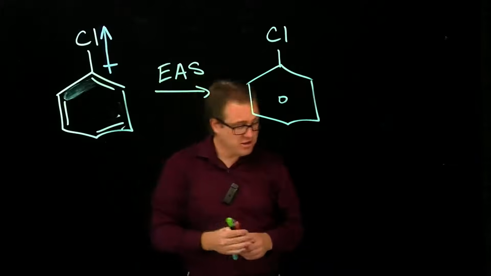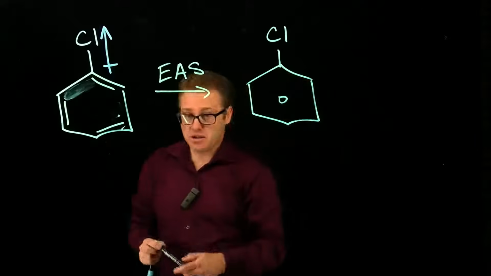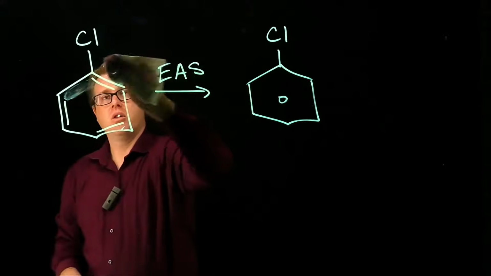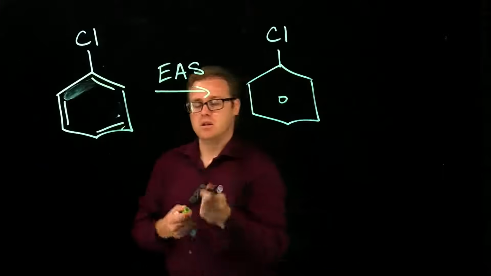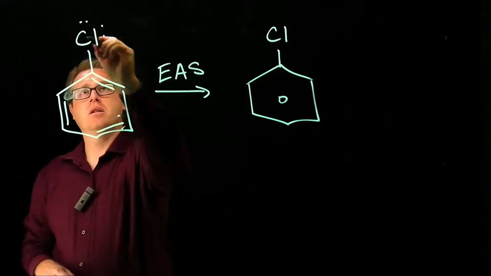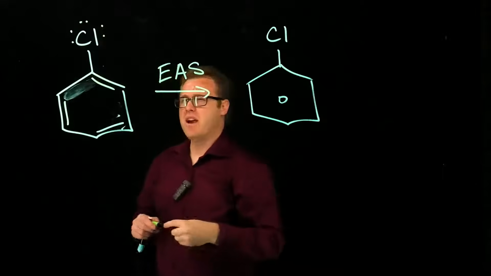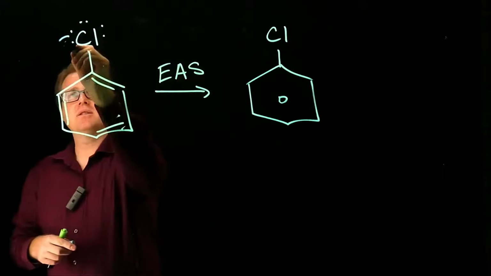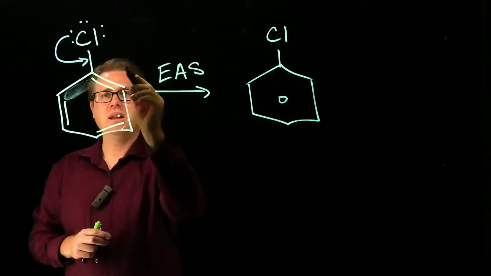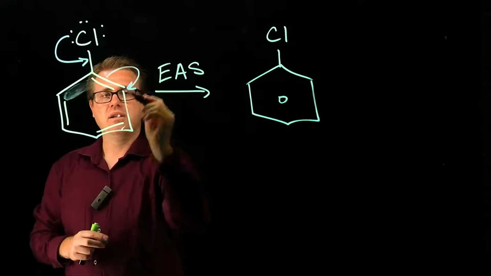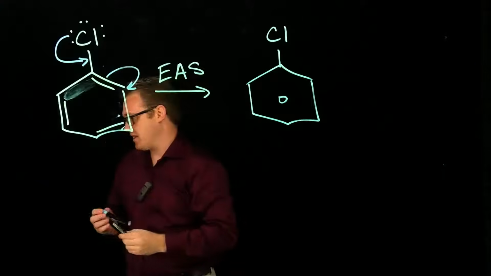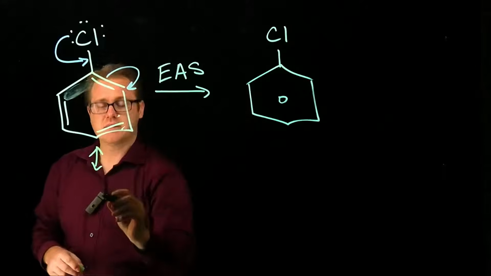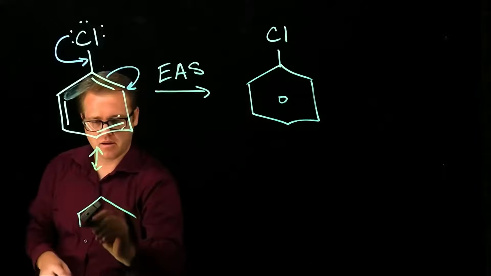But then you can also see something very interesting. It has lone pairs. And so we could see a potential resonance structure where those lone pairs come in and give us something that looks like that. So we'll draw the resonance structure down here.